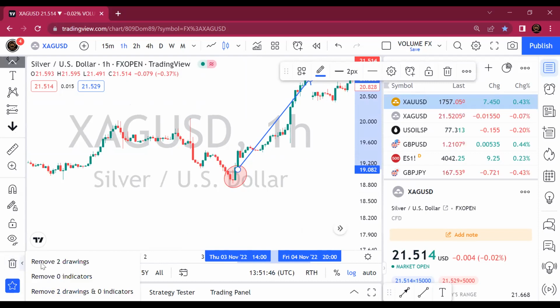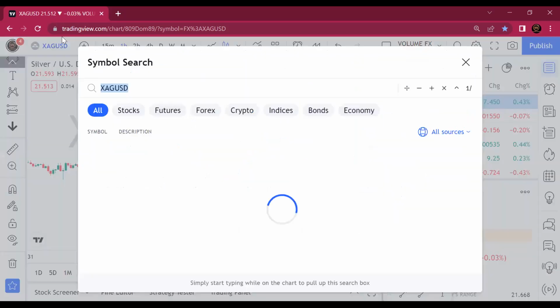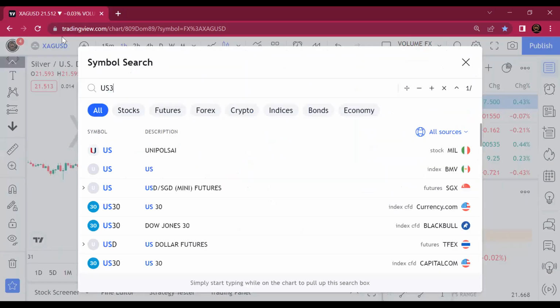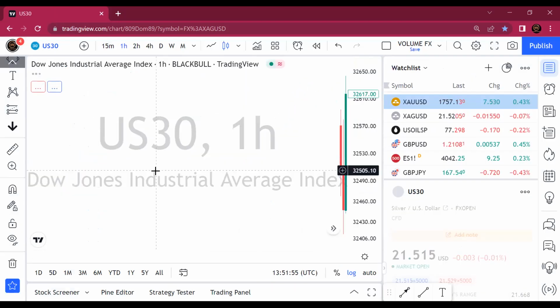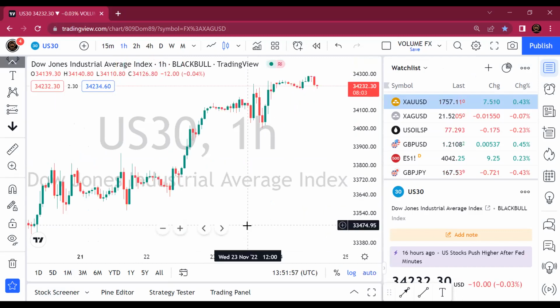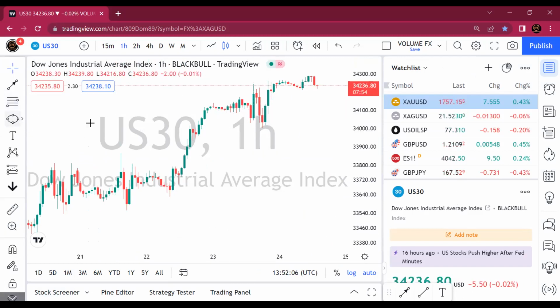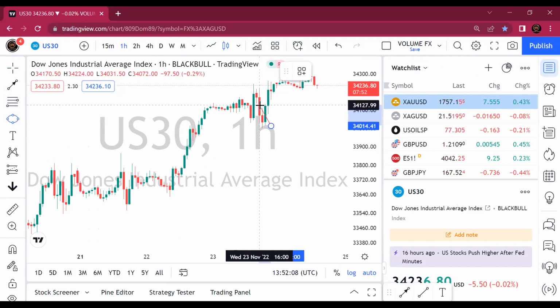Let me look at something else. Let me look at US 30, Dow Jones. Morning star here. This one was recent.